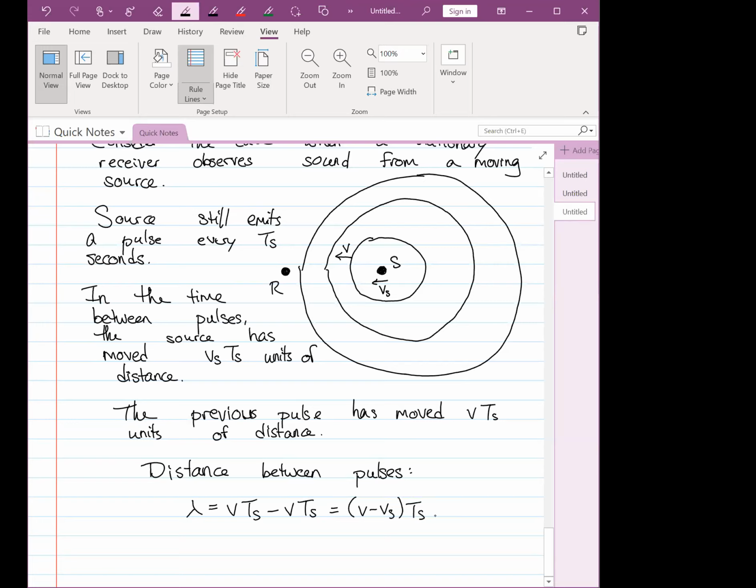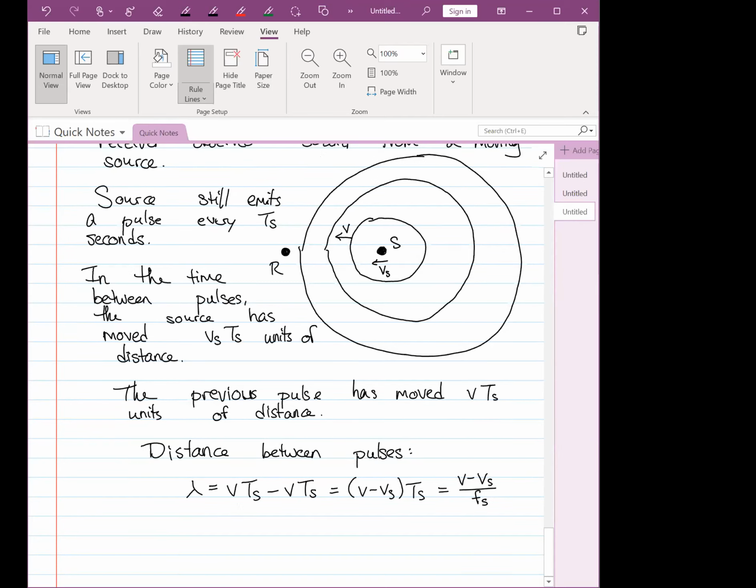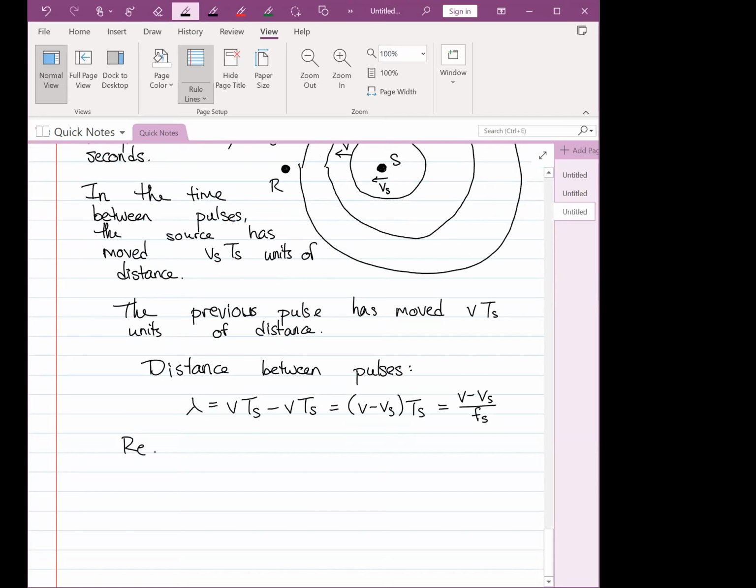Remember, the period of oscillation is the inverse of the frequency. So lambda is v minus v sub s, divided by the frequency that the source emits at. Now, the question is what does the receiver detect? The receiver detects that wavelength, and the waves are still traveling at the speed of sound.